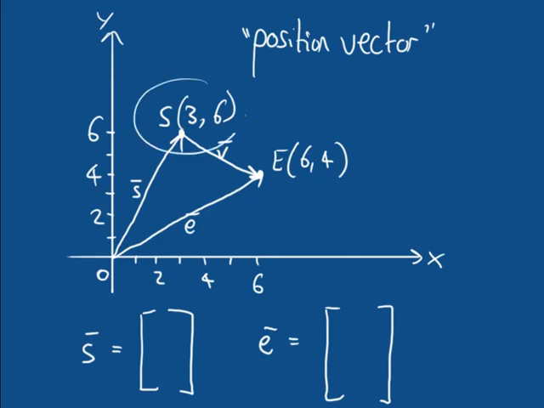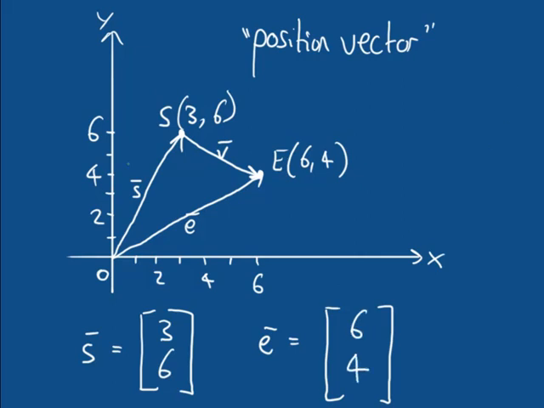We wanted a vector that goes to the point S, so the components of our vector S are going to give us the coordinates of point S. So we have 3 in X, 6 in Y. Again, if we start at the origin and travel 3 units in X, and then up 6 units in y, we get the endpoint of our vector, which is our point S. And our vector E is going to give us the coordinates of point E, so it's going to be 6 in x and 4 in y.